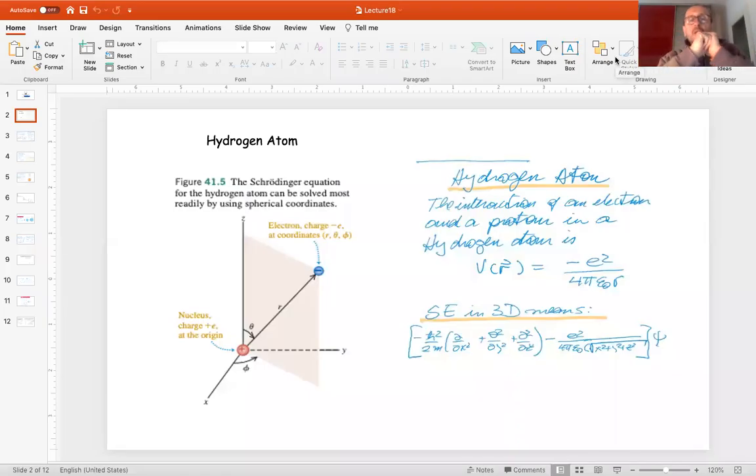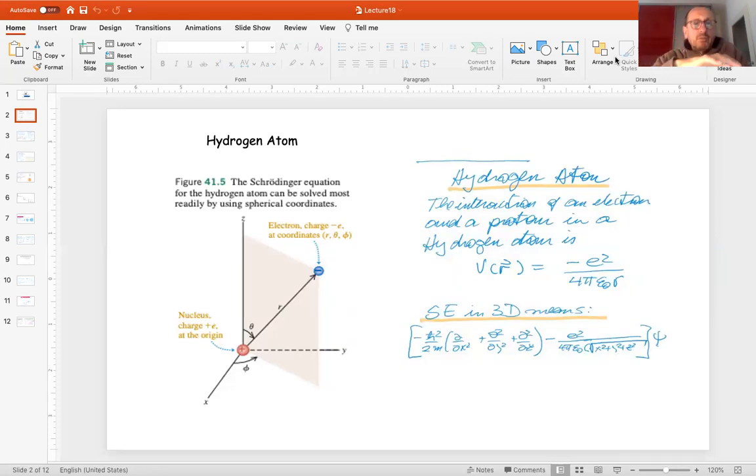So we have been setting up the stage to solve this problem using quantum mechanics, because this is the most paradigmatic system that we are going to be solving using quantum mechanics.